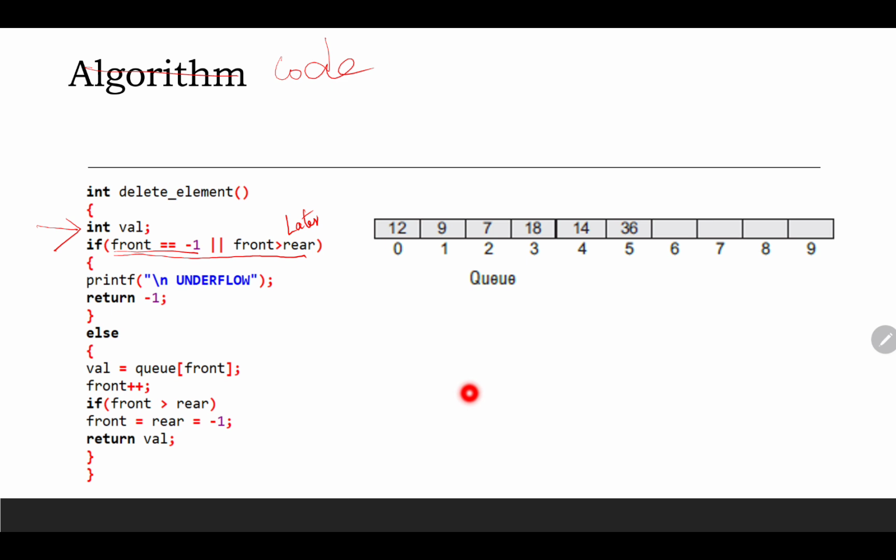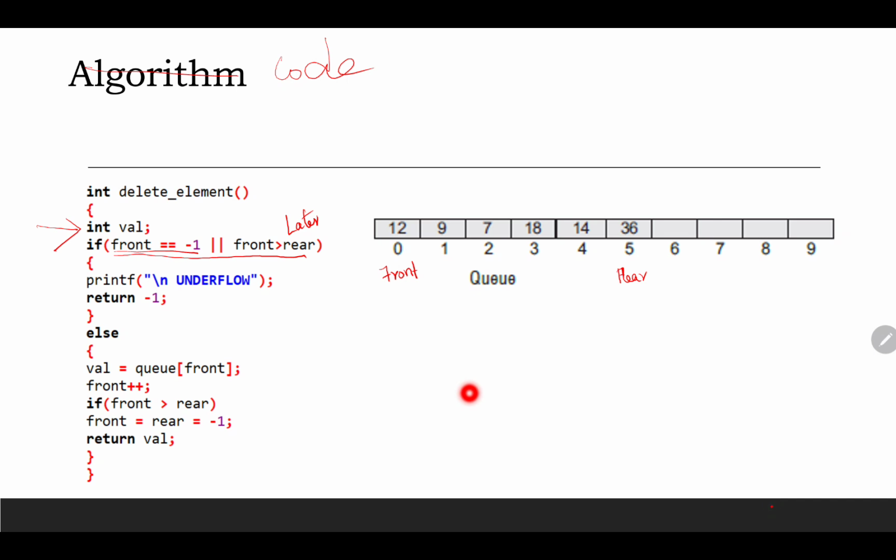We are checking for the underflow condition. As I said, in the initial stage if the queue is empty, the front value is -1. For that purpose we are checking if front is equal to -1. You can take this case: the front position is 0 and the rear position is 5.